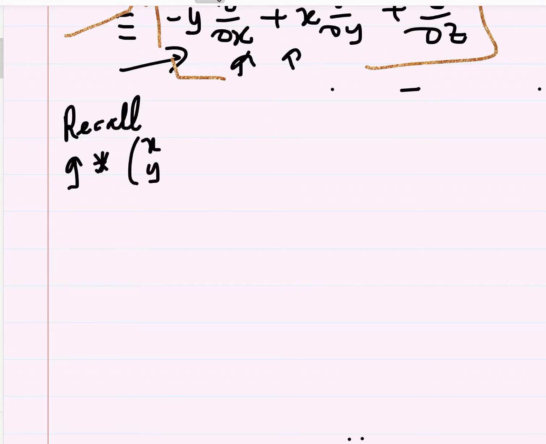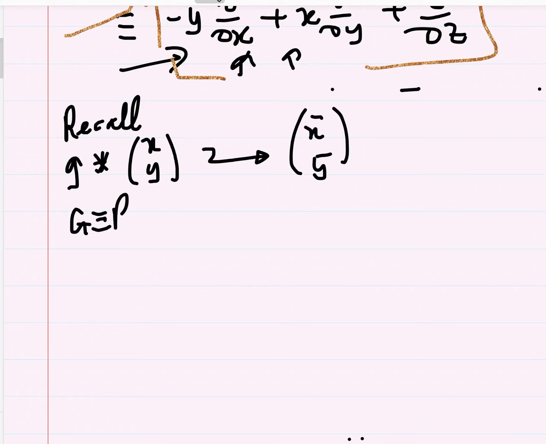Let's restrict it to 2 coordinates. It's giving you a point x bar, y bar. This is in 2 coordinates. So what's happening here is your Lie group is your real line with 0 as the identity. Your manifold is very simply R2.